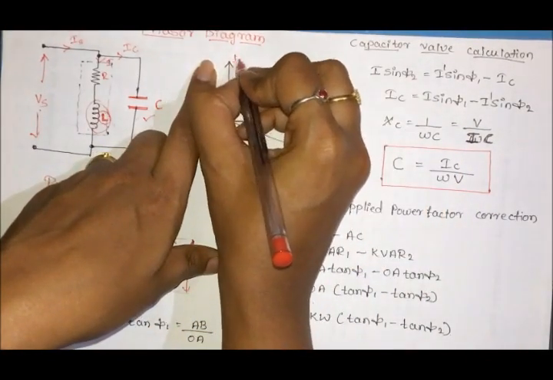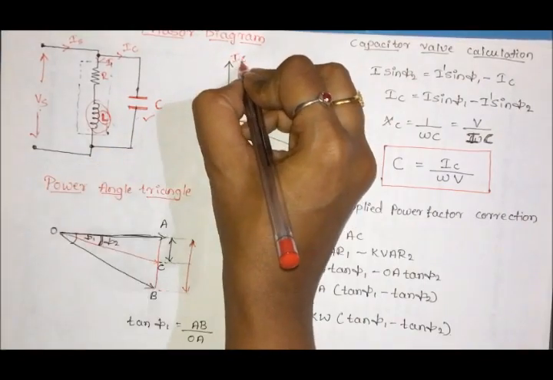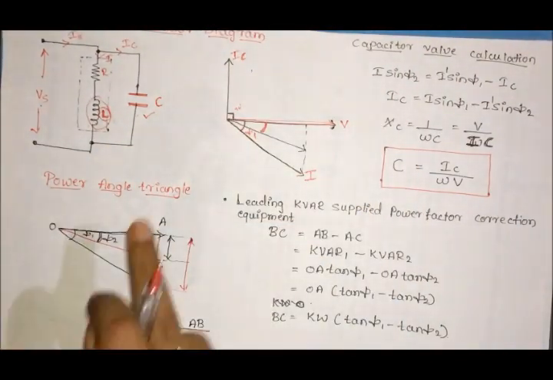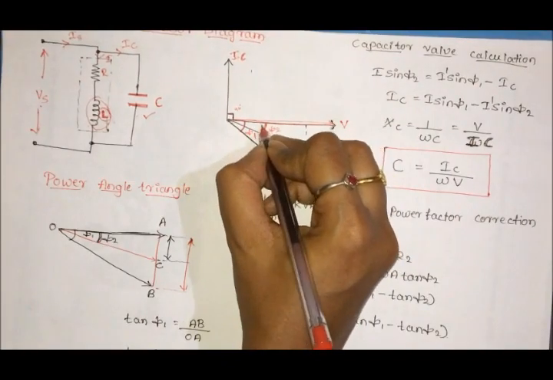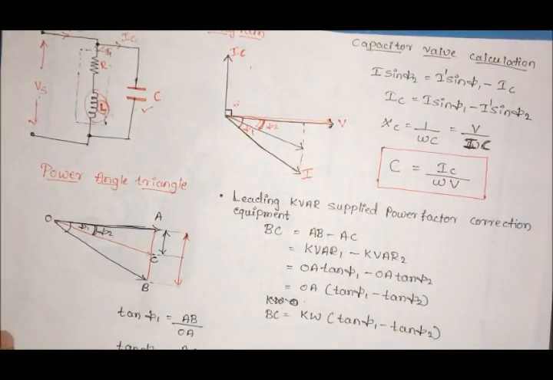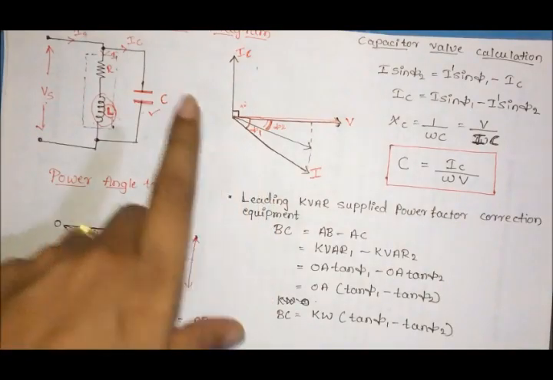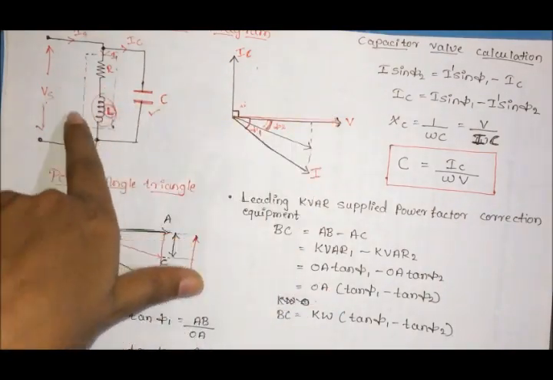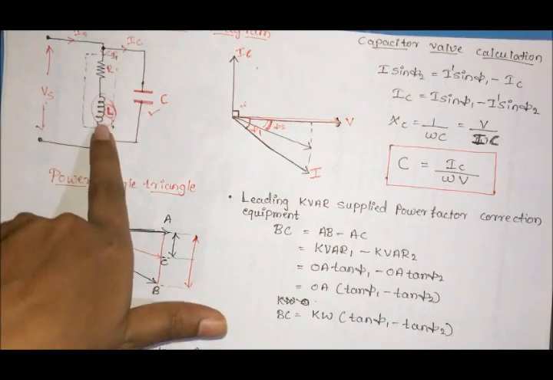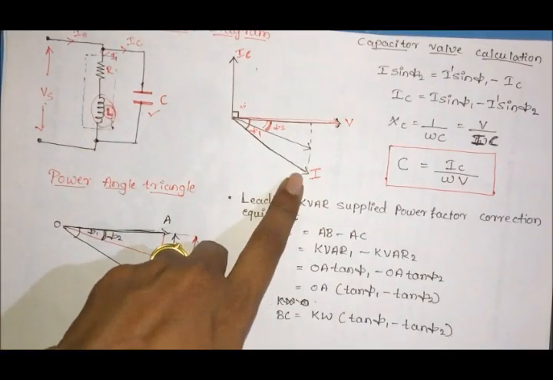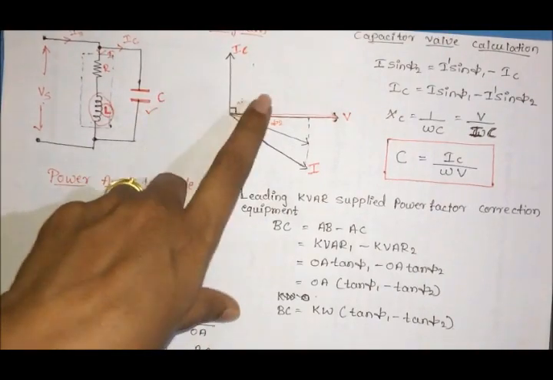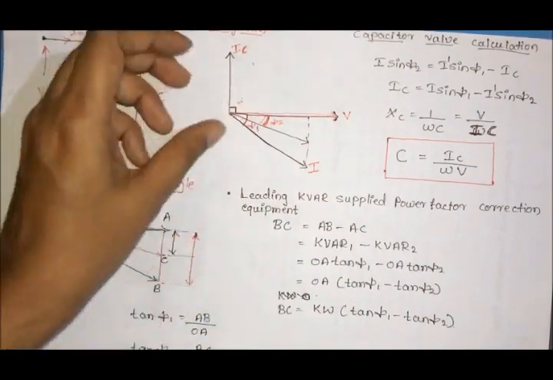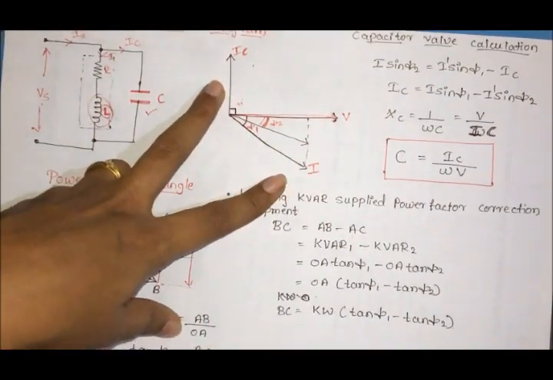This current I call IC. Understood? So for the inductor I have drawn a lagging current with some angle, and for the capacitor a leading current. So we have drawn two currents here.